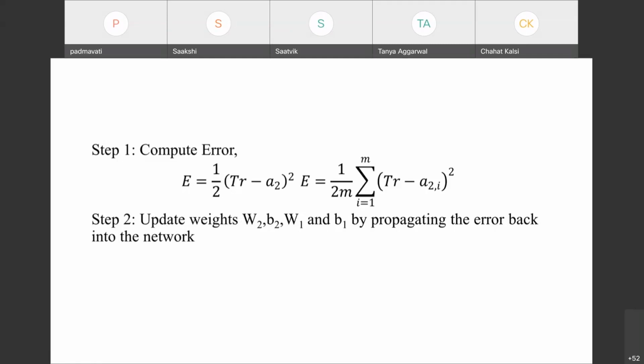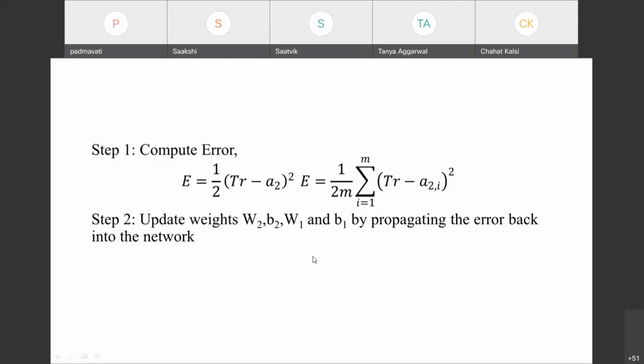To train those two neurons, we require four different parameters. So for that sake I have taken W2, B2, W1 and B1, only for the previous example, to illustrate this algorithm. Otherwise, in general, the second step is to update the weights Wi and Bi by back propagating the error back into the network.